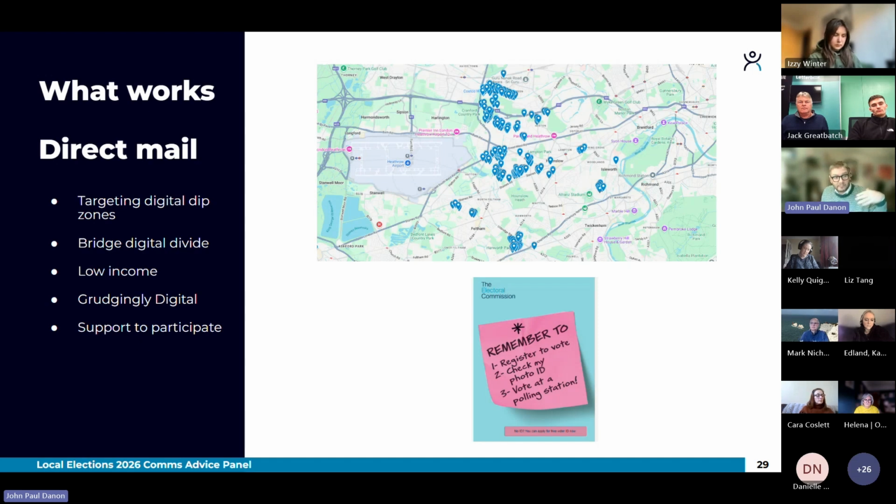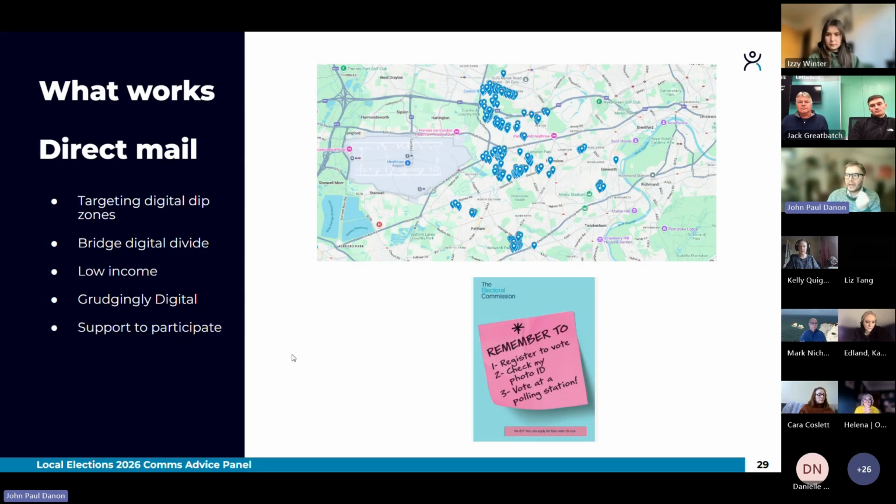However, there are people with no access to the internet whatsoever, people on lower incomes, and also what I call the grudgingly digital, who might have a smartphone and a laptop, but absolutely abhor using it. It's very important that they're included and they're reached by campaigns. And so using digital dip zone analysis helps us identify where these people are and make sure we can upweight communications to them, physical communications, to include them.